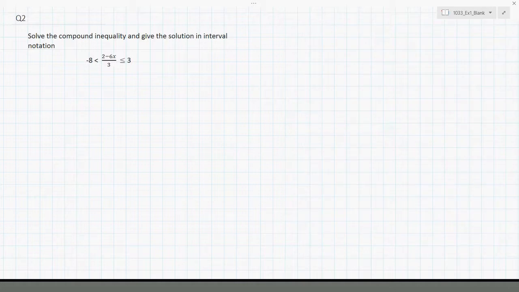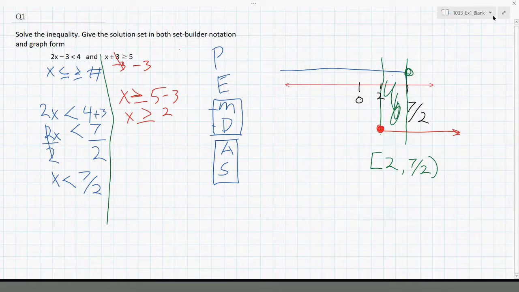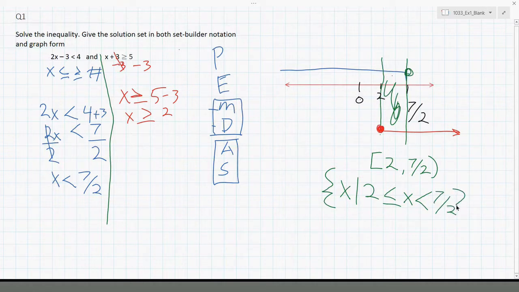Yep. So in set builder notation, oops, I did make a mistake there. That was interval notation. Set builder notation is where we say that for all real numbers x, the answers go from 2 less than or equal to x, which is less than 7 over 2, and then we close with the bracket.